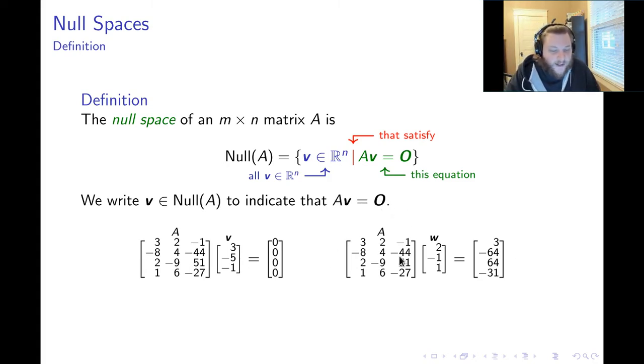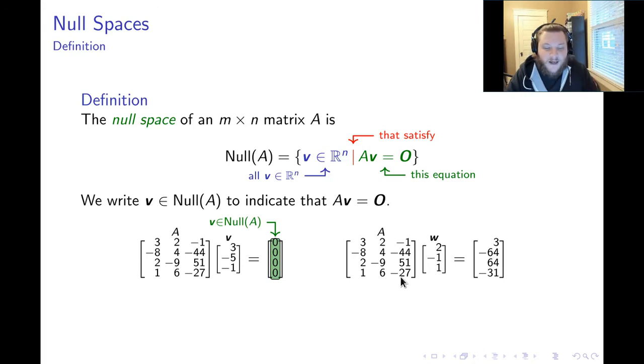Here we're looking at two examples where we take the same 4x3 matrix A and multiply by two different vectors in R3. On the left, we're multiplying by this vector V, and on the right, by this vector W. What's interesting is that when we multiply A by V, we produce the zero vector, which tells us that V belongs to the null space.